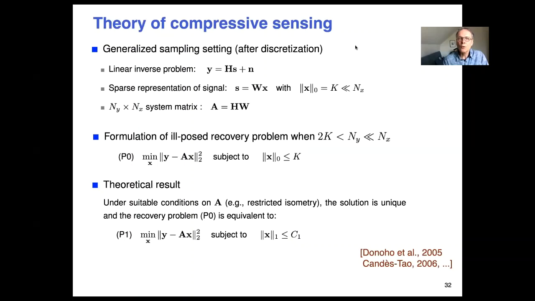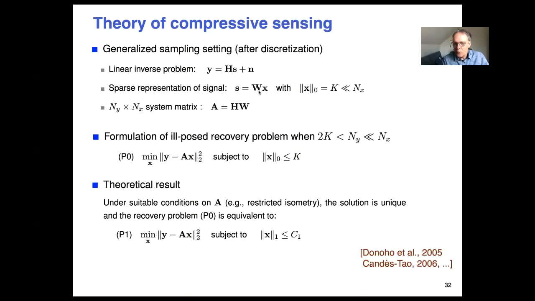Now then came also the theory of compressed sensing. Once you have discretized our framework, this fits very nicely in that theory, because they also consider a linear inverse problem of that form, but usually it's written in discretized form, where we always have our system matrix. Then we have a representation of the signal, s equal Wx.